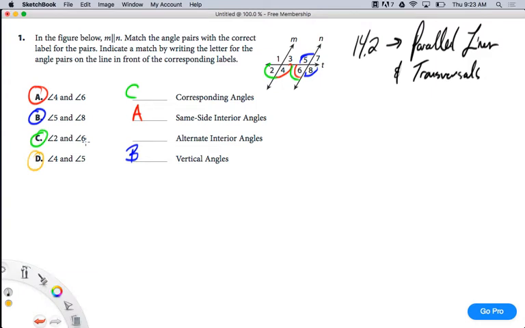And the next one, angle 4 and angle 5. What would you say, Marley? Alternate interior. Very good. And then the last one, it's not on there, but what if I said angle 1 and angle 8? What would you say, Nesa?